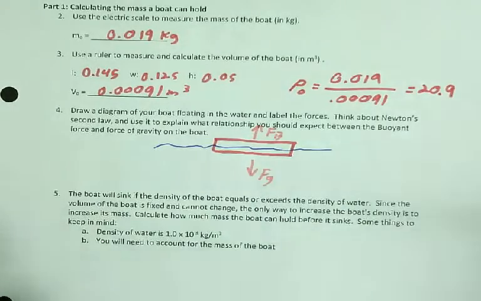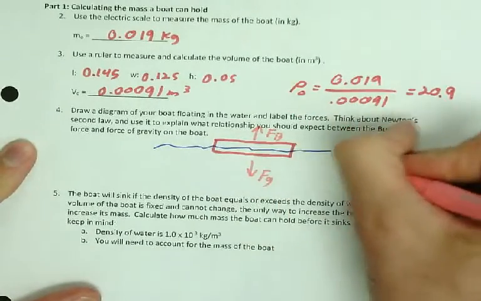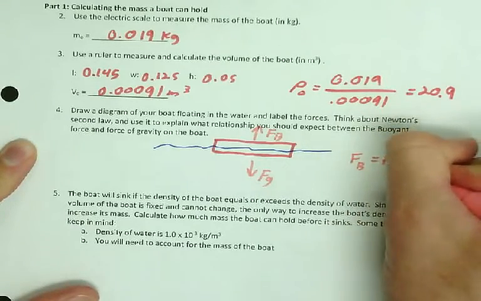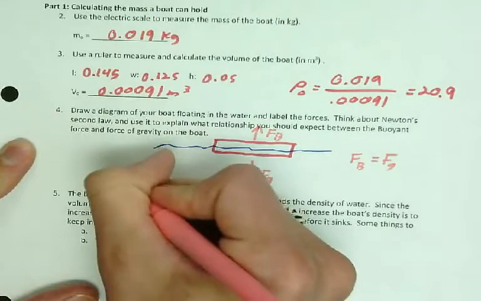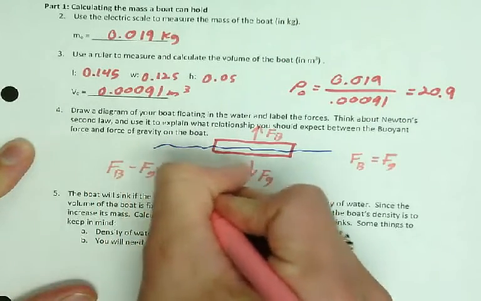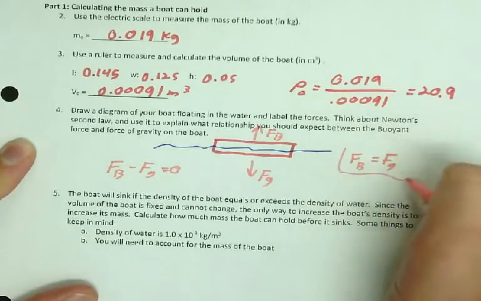Because it's floating, we know the buoyant force equals the force of gravity because the acceleration is 0. So buoyant force minus gravity equals 0, so they equal each other.